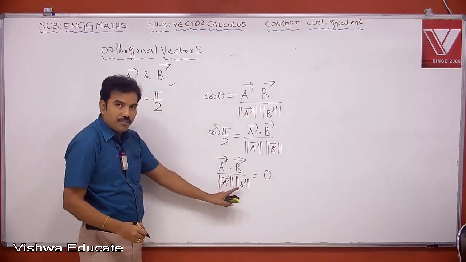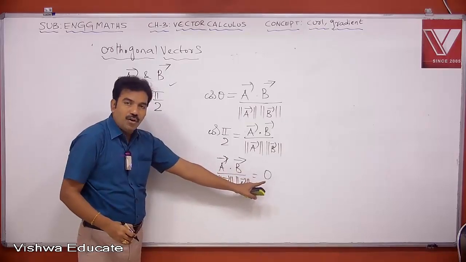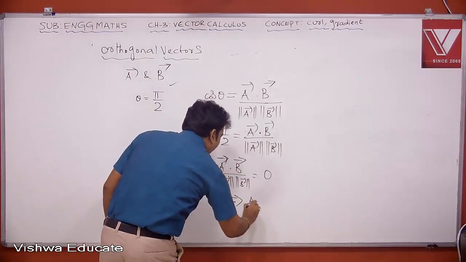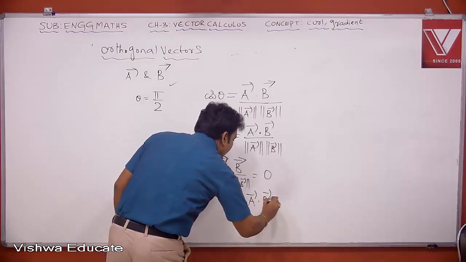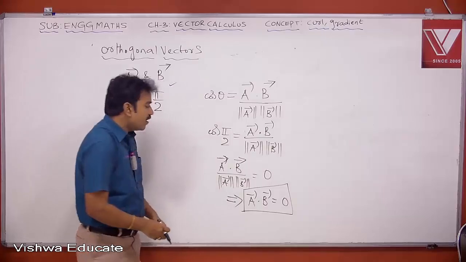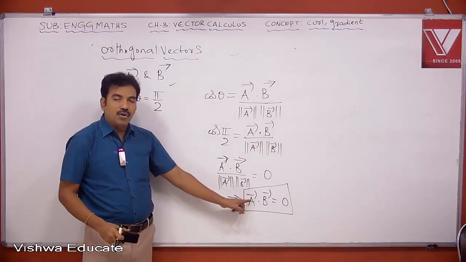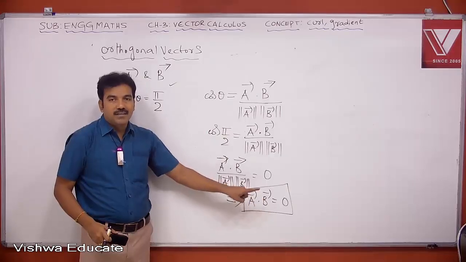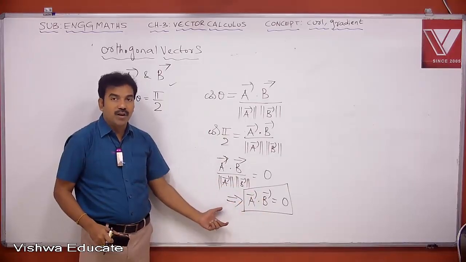Now this is a ratio. A ratio becomes 0 only if the numerator is 0. This implies a bar dot b bar equal to 0. Therefore, if you want to say that two vectors are orthogonal, just prove that the dot product of the two vectors is null. So if the dot product of two vectors is 0, then those vectors are called orthogonal vectors.